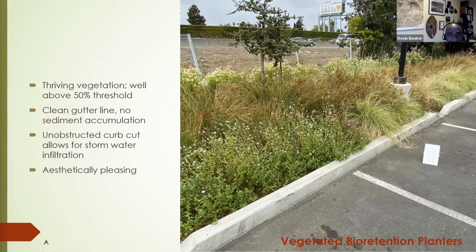Yes. Then I got another question. I'm sorry, I don't know who you are, but the question is, do these bioretention planters eliminate oils from vehicles? That's a good question. It's kind of a yes and no question.